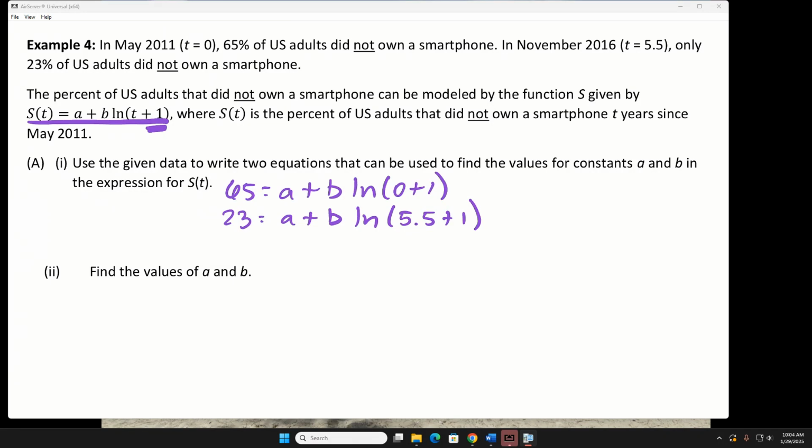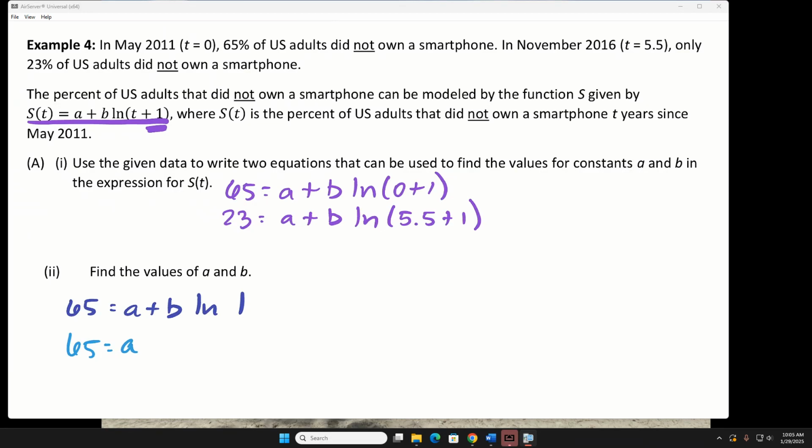Okay. So which one of these do you think we're going to use first when we go to solve this by hand? The top one. So we would be 65 equals a plus b natural log of 1. What is the natural log of 1? 0. So a is just 65. And that's really all you would need to write on that.